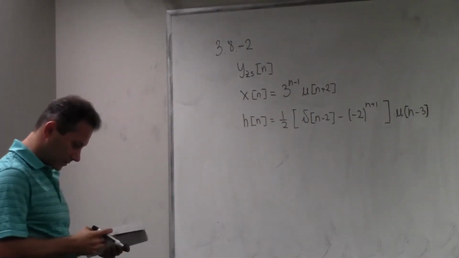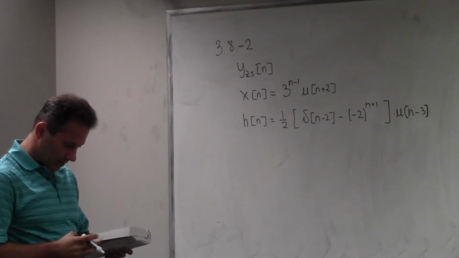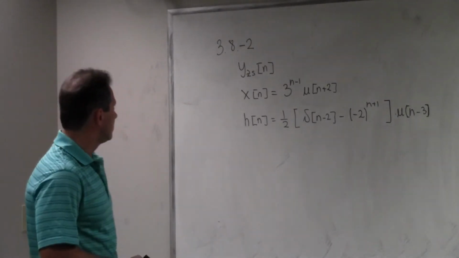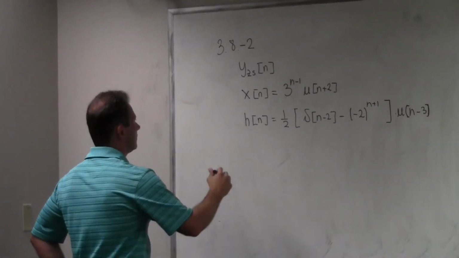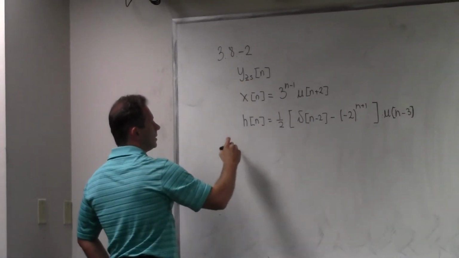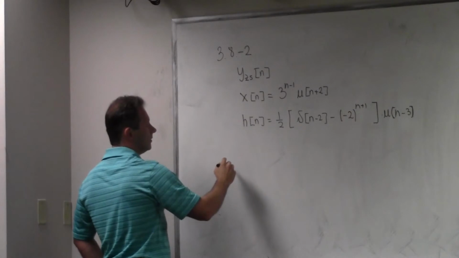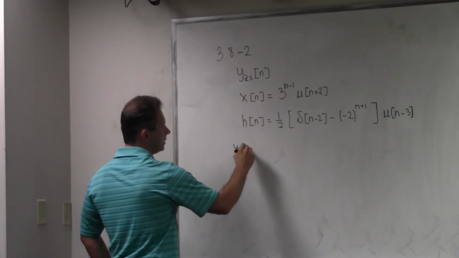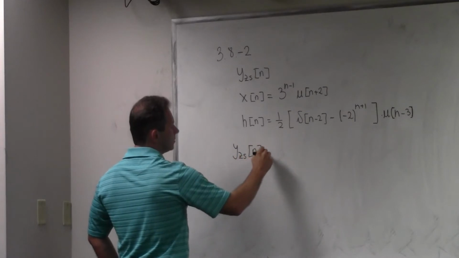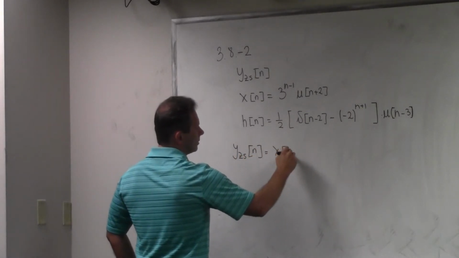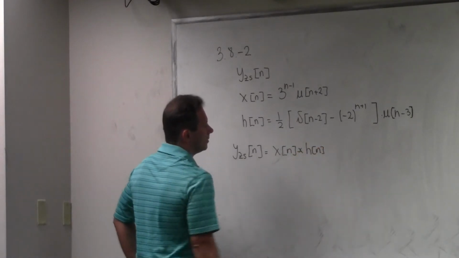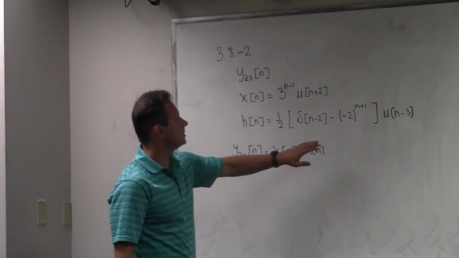So let's just first see what is happening here. In principle, this is not a hard problem, right? You have a system, you have input, and you have impulse response. So your zero state output of n is going to be x of n convolved with h of n. Right? But I hope this is not a typo.